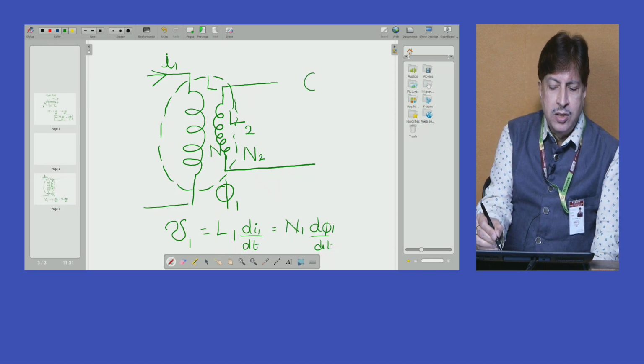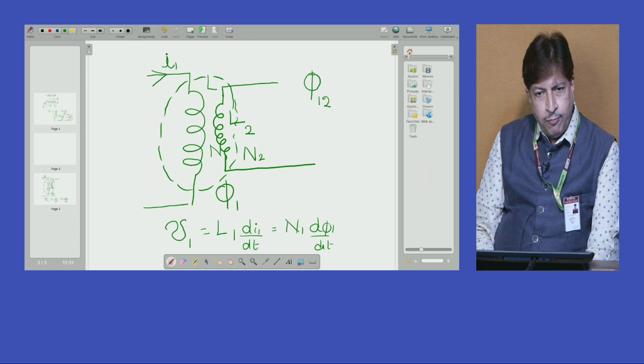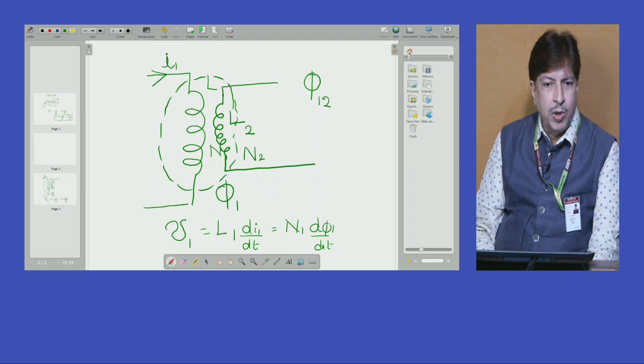Let us denote phi 12 as the flux linking coil number 2 because of the total flux generated around coil number 1, which means out of phi 1, phi 12 is a part of the flux linking coil number 2.